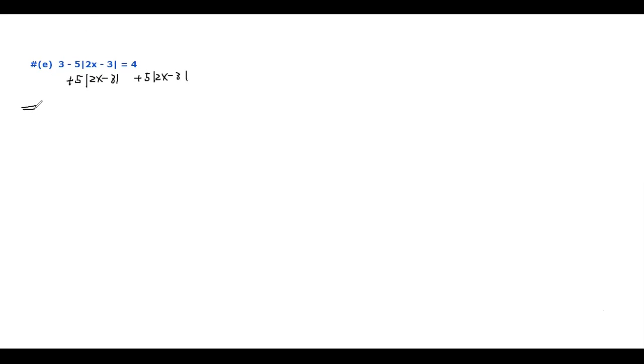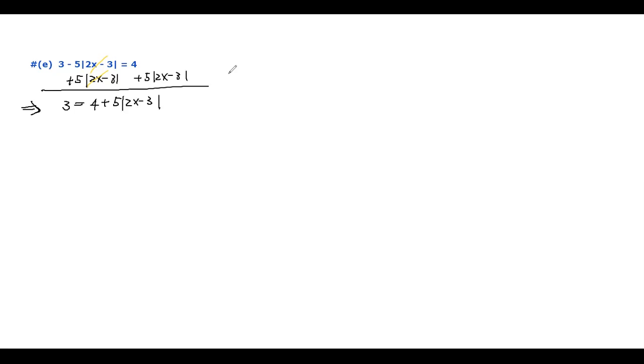So what happened to my left-hand side here? If you add it, these cancel. So I have 3 is equal to 4 plus 5 times the absolute value of 2x minus 3.